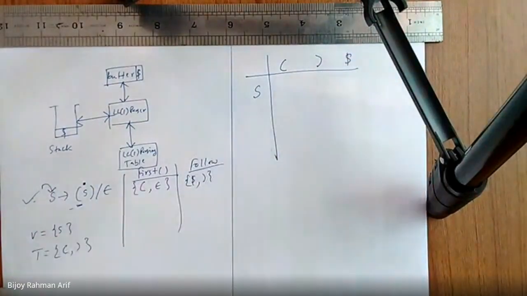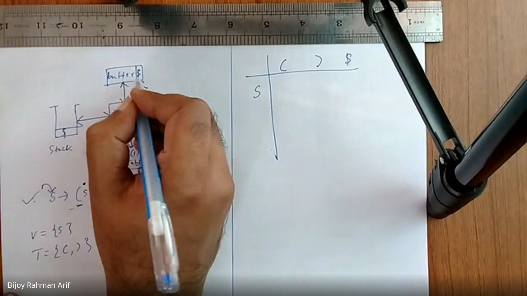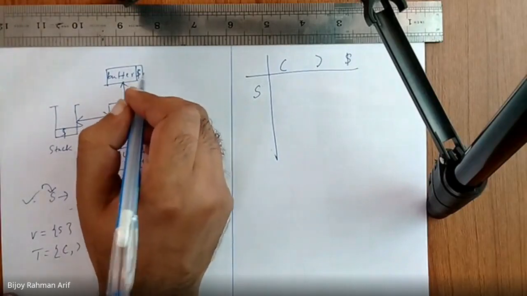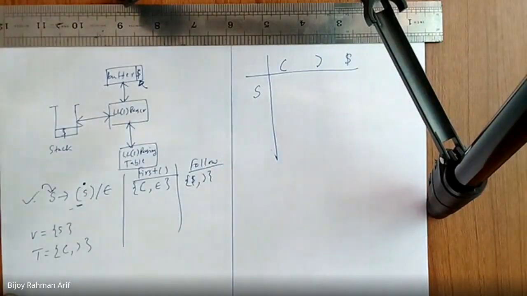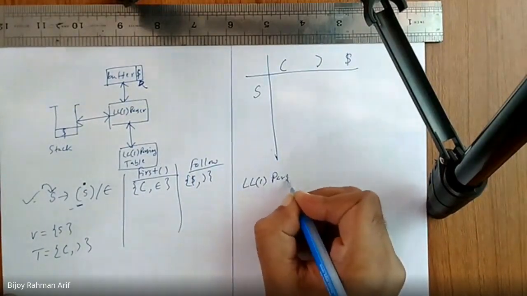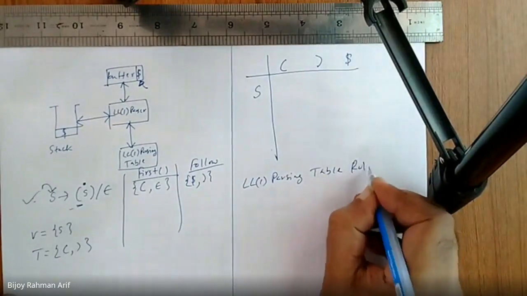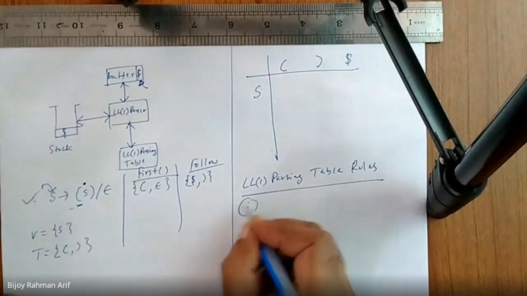Because we actually put a special symbol at the end of the buffer string, that is nothing but dollar. So dollar must appear in the string. Am I right? Yes, sir. Okay, now see, LL1 rules are very simple. Number 1.